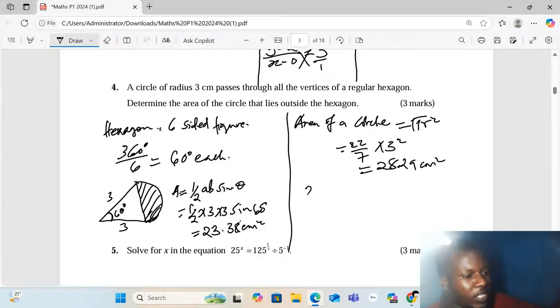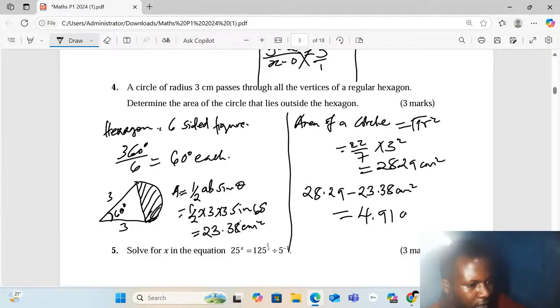Therefore, we're going to have 28.29 minus 23.38. Those are square centimeters. Now, our final answer, when you subtract, we are going to have 4.91 square centimeters. So that is the area of the circle that lies outside the hexagon. Then you get your marks.